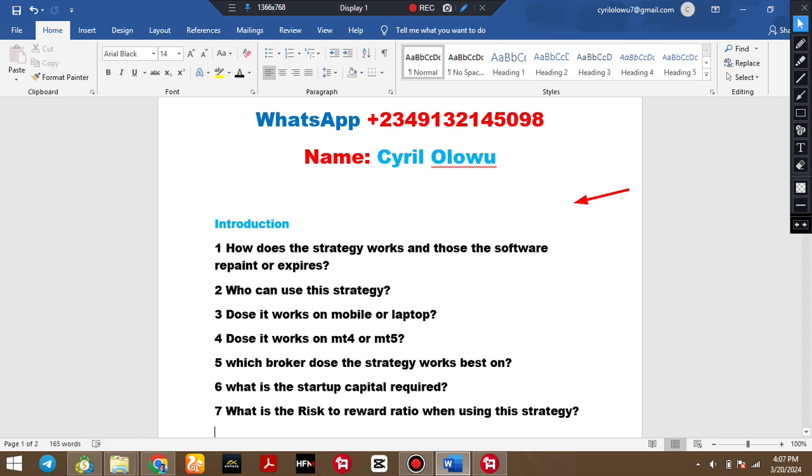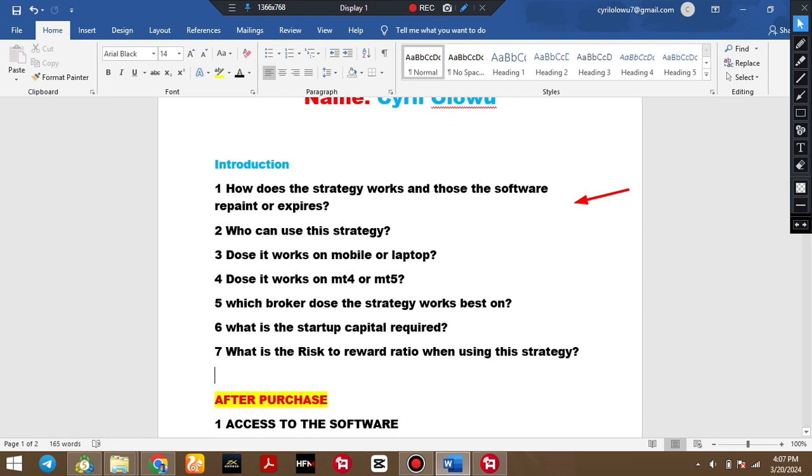Does it work on MT4 or MT5? No, currently it is working on the MT5 terminal. That is the Windows terminal. That is where it's working now. Which broker does the strategy work best on? It works on every broker. So what you do is you set the setup on one of the terminals, then you take the signals for your entry on your mobile app, either your MT4 for mobile or MT5.